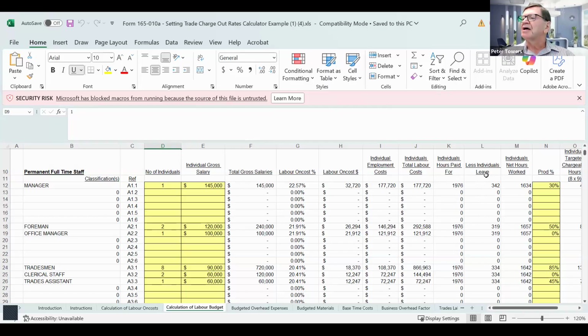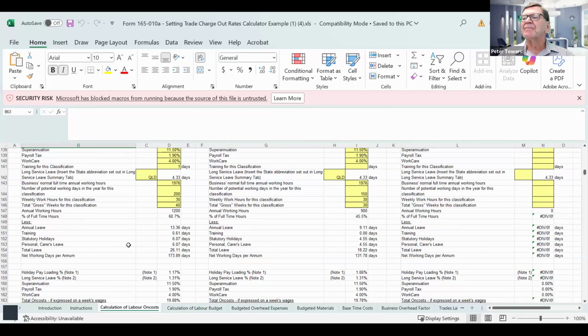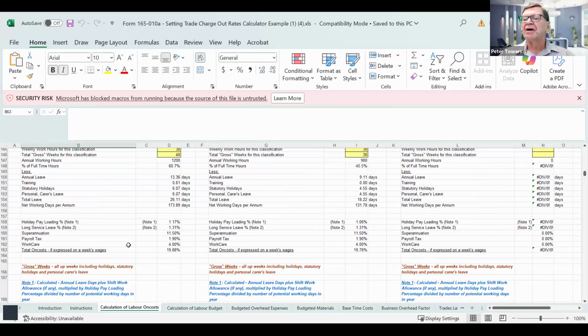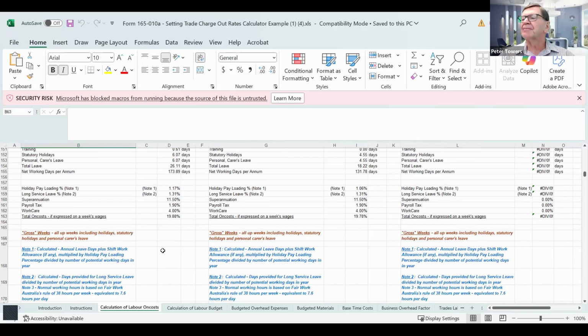And the leave allowances that have been built in for these people are then shown. And these are calculated back in the labour on costs, where the calculations have been made on these issues and transferred across.